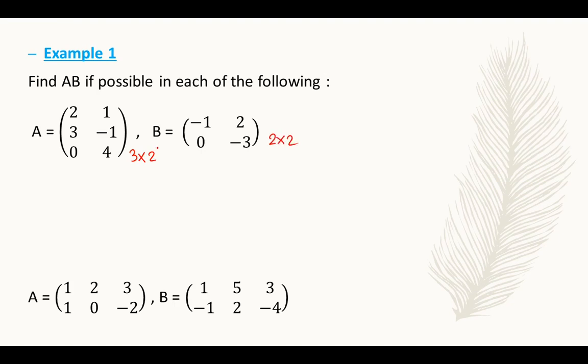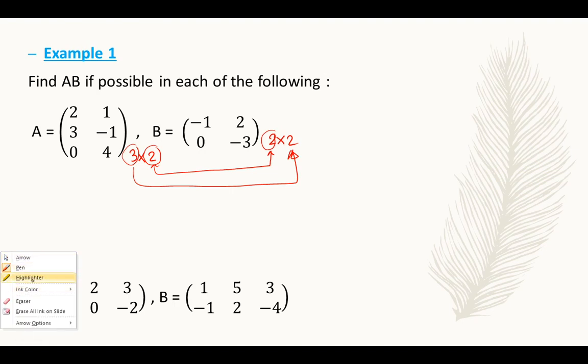Here you can see the number of columns of the first matrix equals the number of rows in the second matrix. Here we have 2 columns, and in matrix B we have 2 rows. So we can multiply the two matrices, and the resultant matrix will be of order 3 times 2.